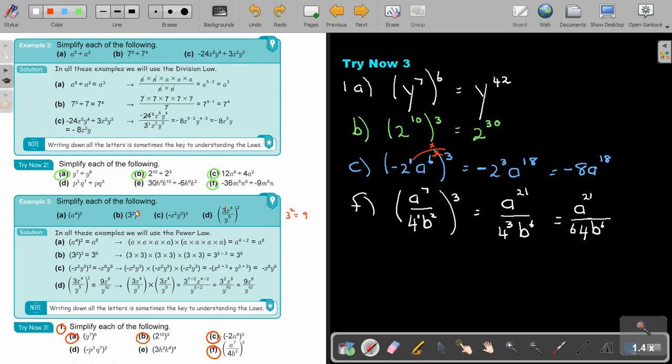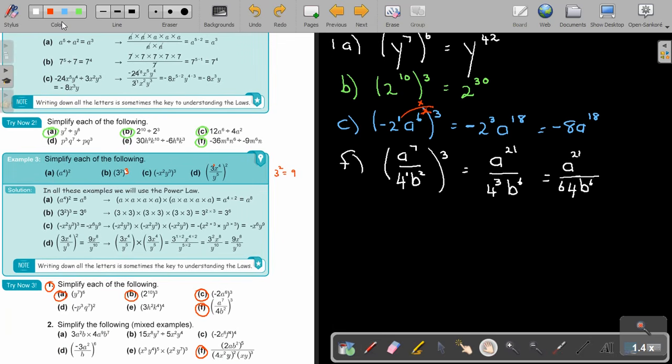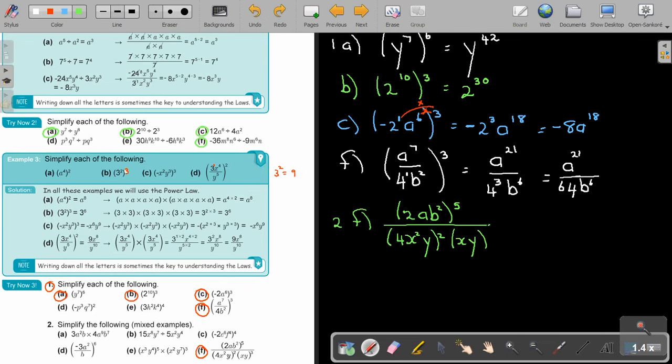Okay, and then we just move to number 2, which is a bit of a combination, but just take it step by step, not difficult. So number 2 is bracket 2ab squared, to the 5, over 4x squared y, and 2xy to the power of 3.